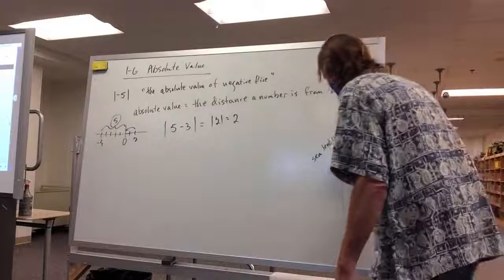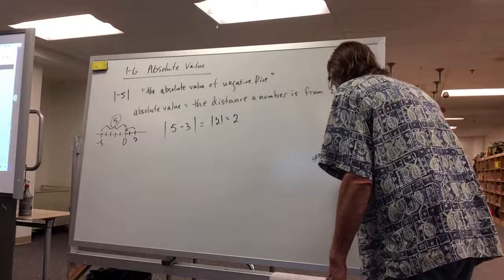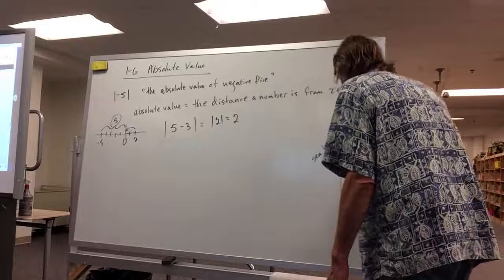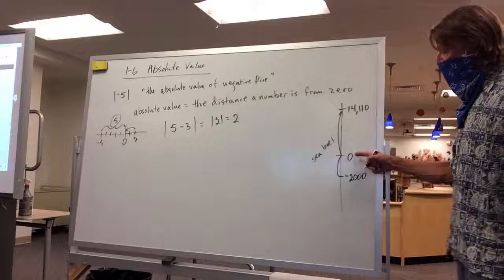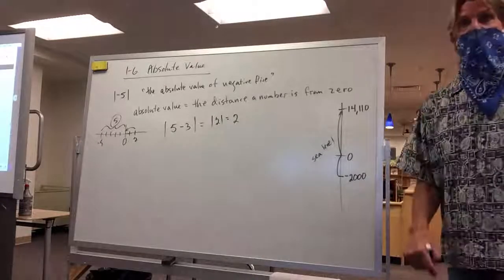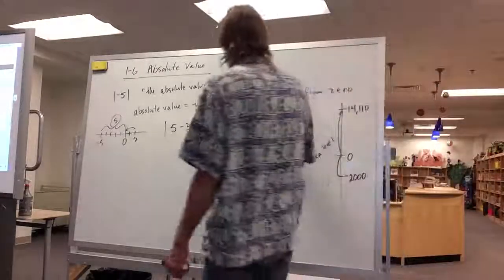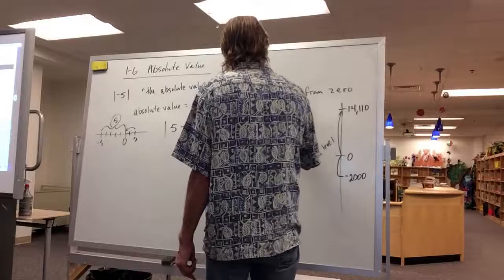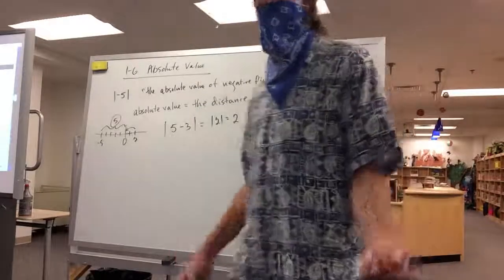But if you're down here, let's say you go down into a location which is below sea level and you're 2,000 feet below the surface of the ocean, the absolute value is that distance, which is still going to be a positive 2,000. It's just in a negative direction, or it's in a downward direction. So the absolute value of -2,000 comes out as 2,000. That's the distance that it is away.